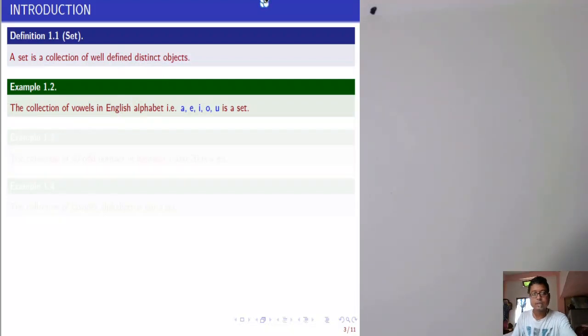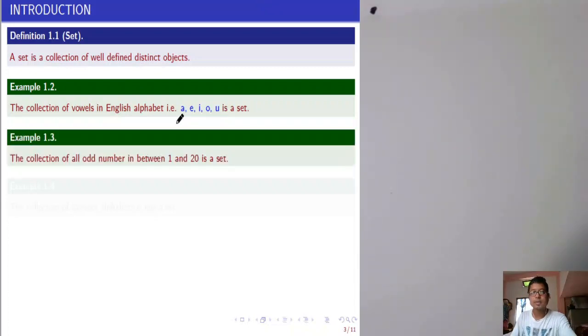Well, let us consider one example: the collection of vowels in the English alphabet. Everybody knows A, E, I, O, U are the vowels. If I ask you to collect all the vowels, everyone will give me the same answer, that is A, E, I, O, U. So that collection is well defined, and these are all distinct, and that's why it is a set.